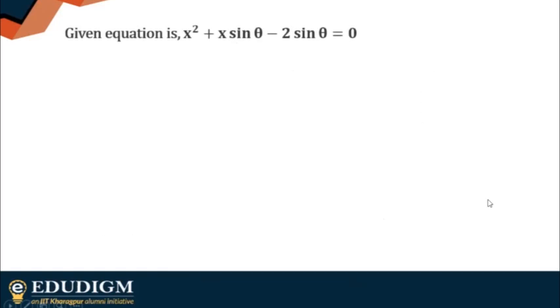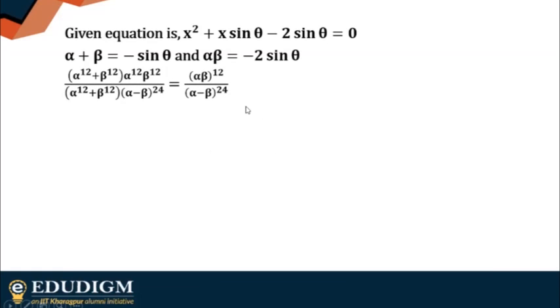So simple things that you can figure out from here are what alpha plus beta will be and what alpha beta will be, because whenever you're approaching evaluating these kinds of complex expressions, alpha beta and alpha plus beta will come into play, because whatever the expression, you're going to express it in terms of alpha plus beta and alpha beta.